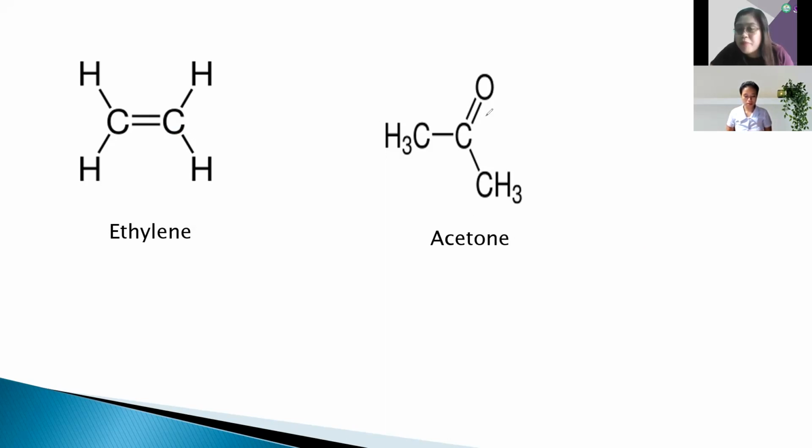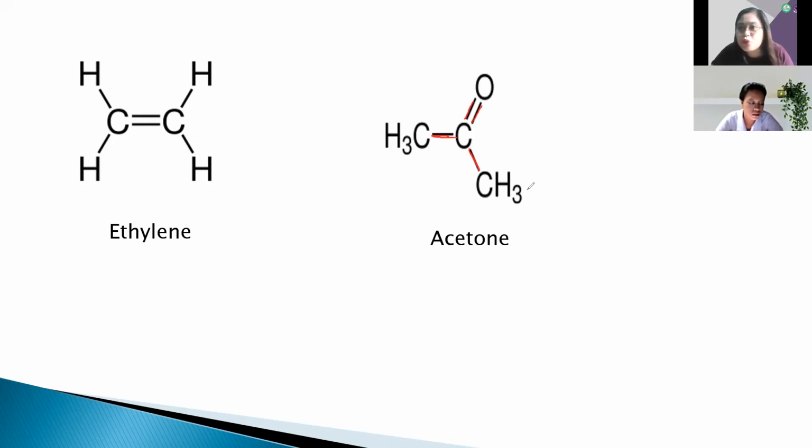Pero 2 pairs pa rin of electrons are being shared. However, itong carbon to carbon bonding, single bond lang sila. Kasi, class take note, hindi pwede magsobra ng 4 ang bonding ng carbon, ha? Hanggang 4 lang talaga yan. So if we count, we have 1, 2, 3, and 4.